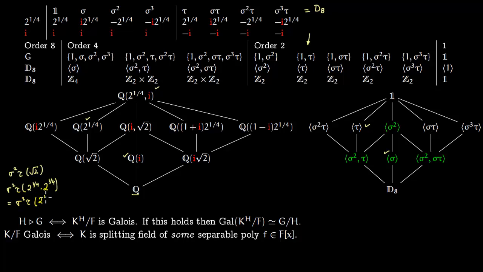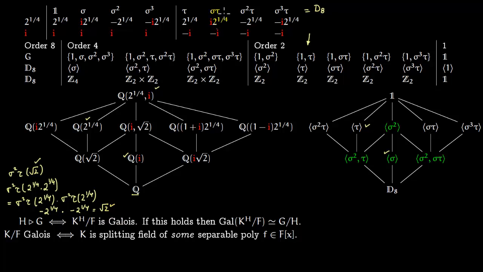You write it as 2^(1/4) times sigma square tau of 2^(1/4). Sigma square tau acting on 2^(1/4) gets mapped to negative 2^(1/4). So this becomes negative 2^(1/4), this is also negative 2^(1/4), so times negative 2^(1/4). Again you get root 2. So you see root 2 is fixed.